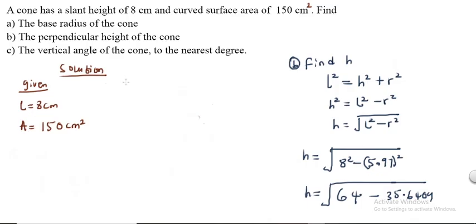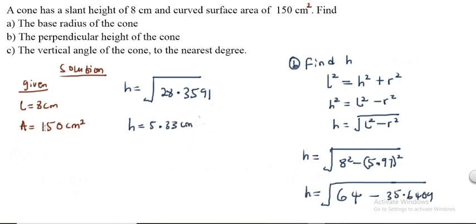So h is equal to the square root of 64 minus 35.6409, which is 28.3591. If I take the square root of this number, I have h as equal to 5.33 centimeters to 2 decimal places.